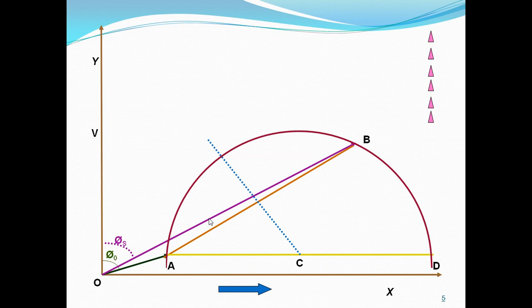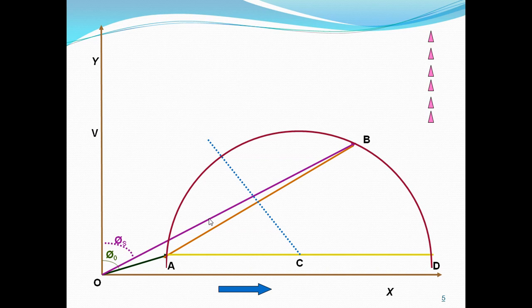Draw also a horizontal line OX parallel to the line AD. So it forms a semicircle ABD.